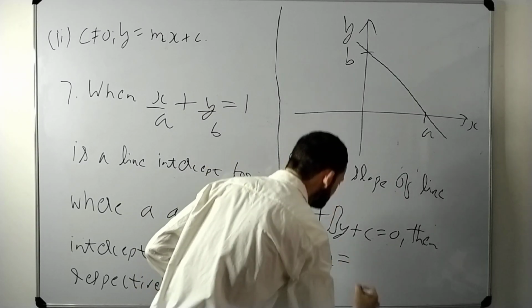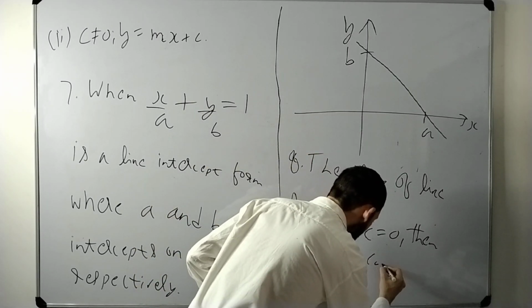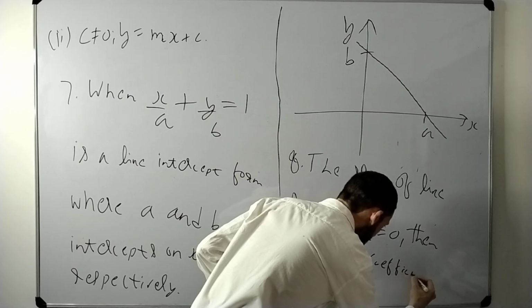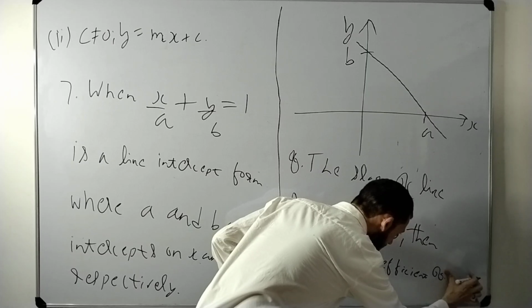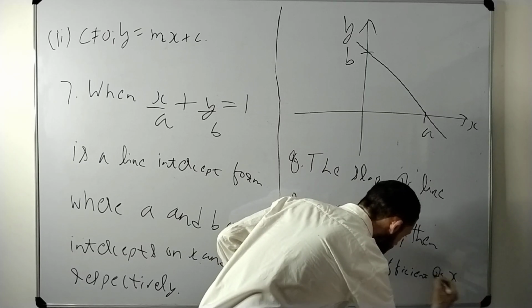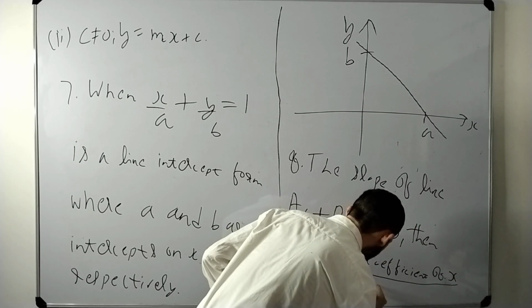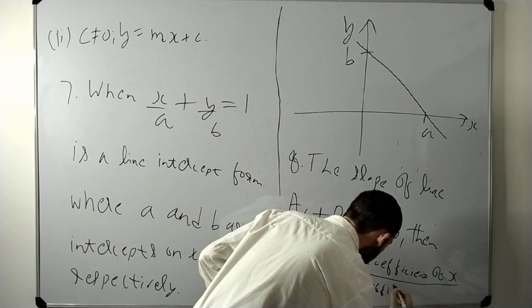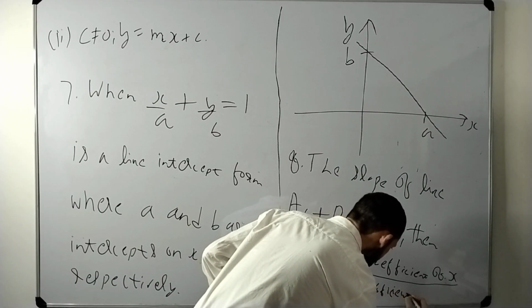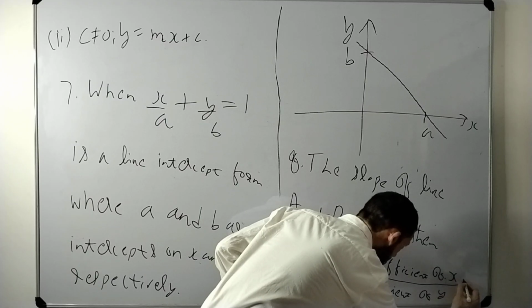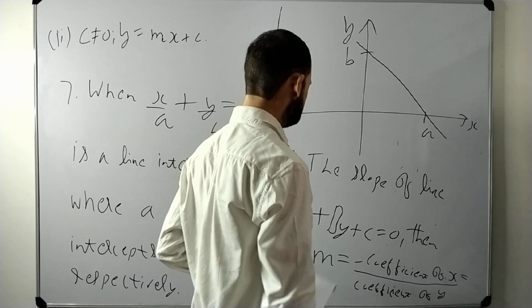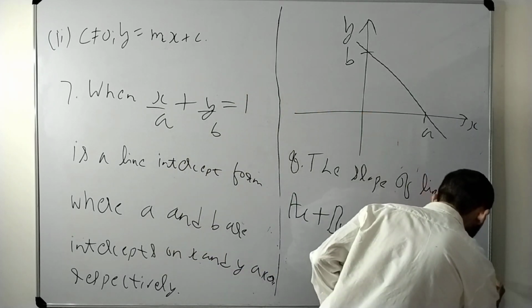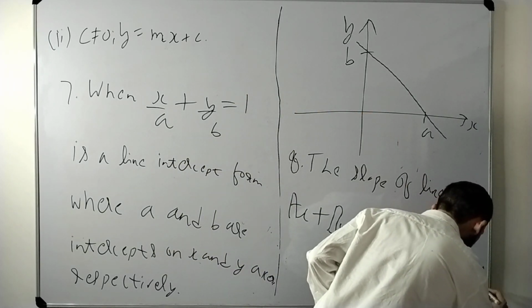So slope should be minus coefficient of x upon coefficient of y. And what are the coefficients here? So minus a upon b.